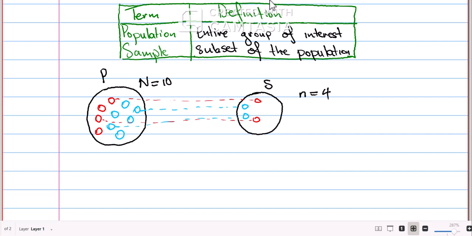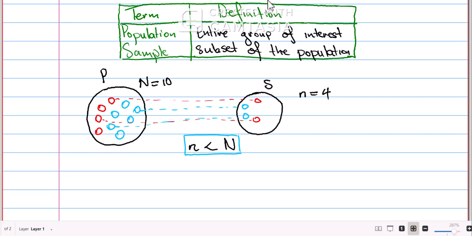Now you should bear in mind that the sample size n is always less than the population size N. It will never be the other way around.